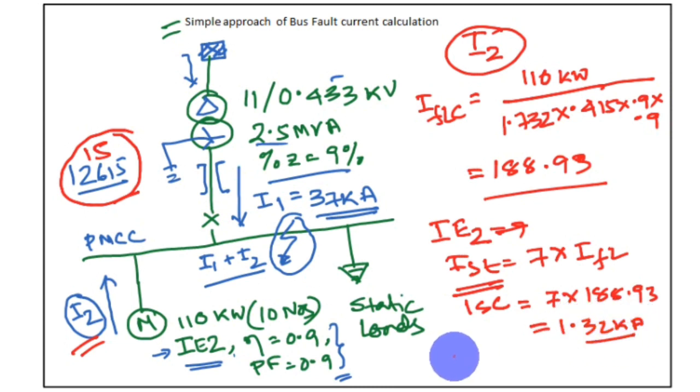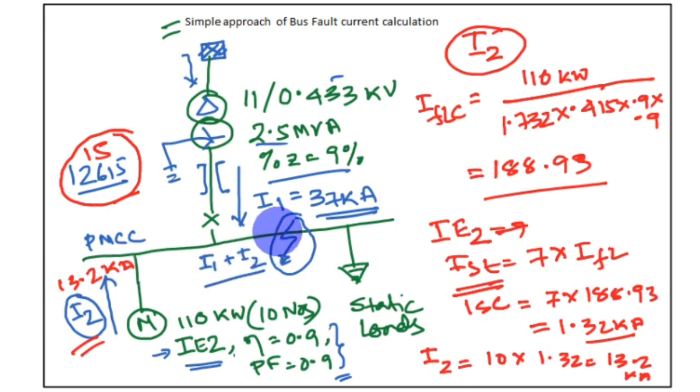We have 10 motors, so I2 is 10 into 1.32, that is 13.2 kiloampere. So whenever there is a fault at this bus, its value will be 37 plus 13.2, that is 50.2 kiloampere.